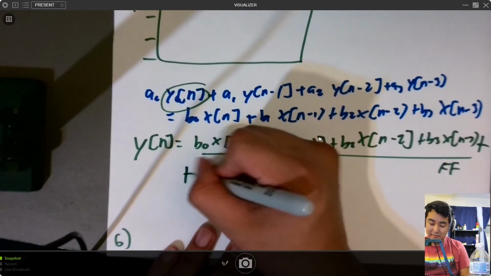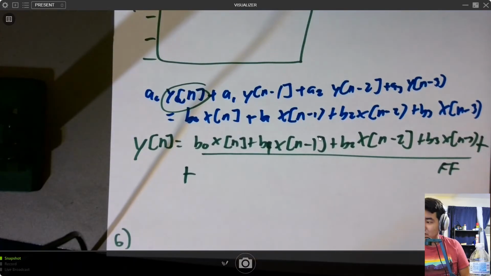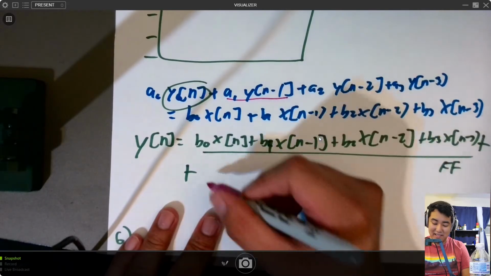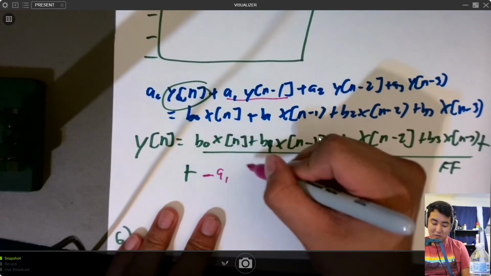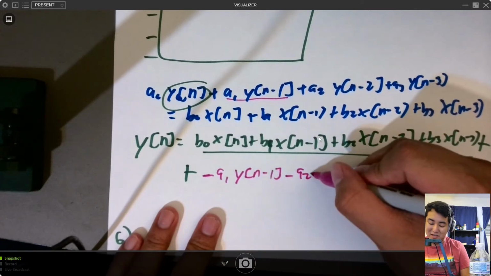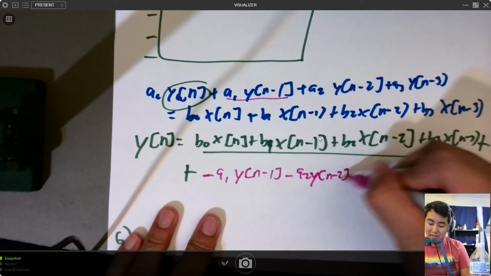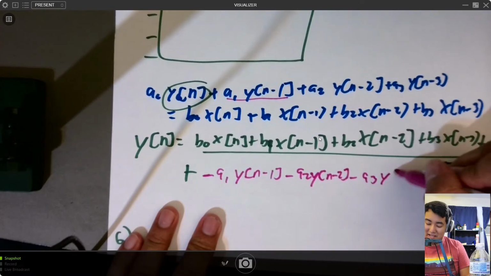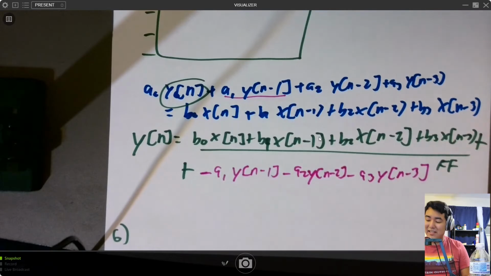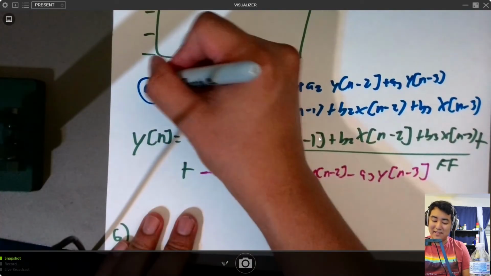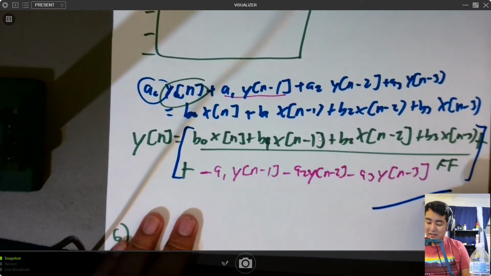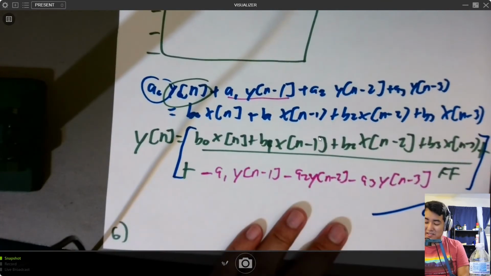Plus, we need to move this term to the other side. So minus a of 1, y of n minus 1, minus a of 2, y of n minus 2, minus a of 3, y of n minus 3. And then what happened to this? Ideally, you divide the entire thing by a of 0, which is always equal to 1.